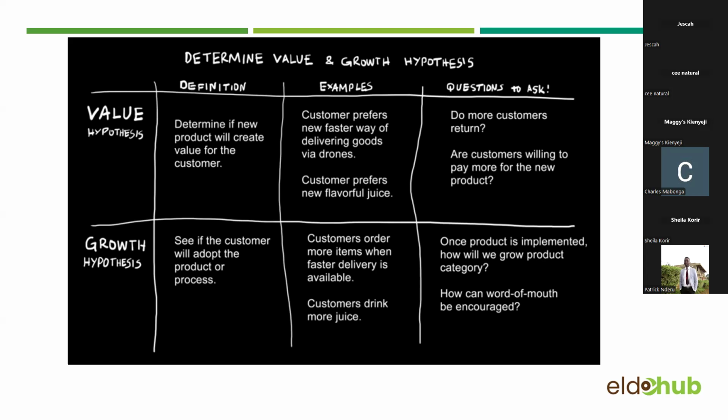And then, in that loop, you can come up with a pivot so that you can know whether it's really working or not. If it works, of course, you keep on improving on it, and in that case, you keep on refining your value proposition. You can also do the same for the growth hypothesis to see how you can attract more clients for your product.